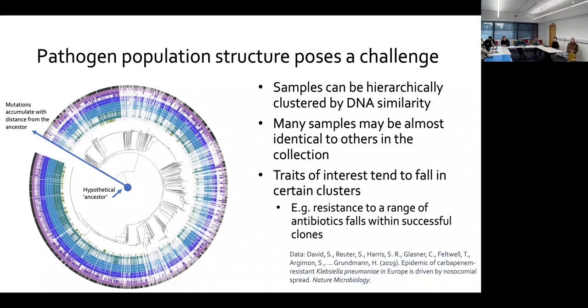So these are highly drug-resistant strains that tend to be very successful in spreading within hospitals. What's particularly annoying is that resistance to different antibiotics tends to cluster in the same place because those isolates are circulating in hospital environments. There's a lot of pressure to develop resistance not just to one drug, but to all the drugs, and so that's what they do.